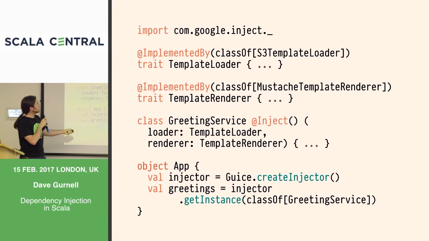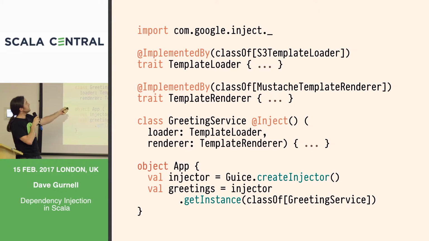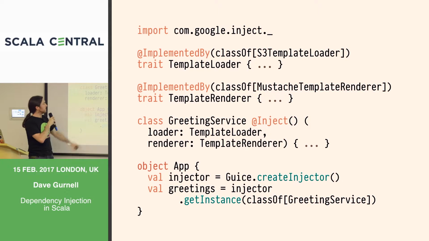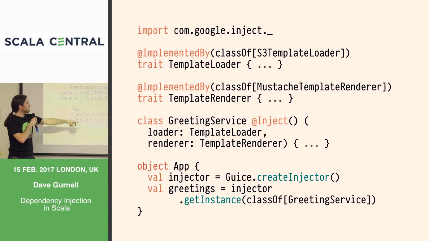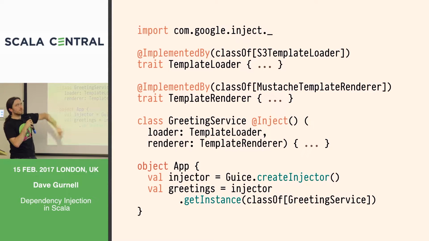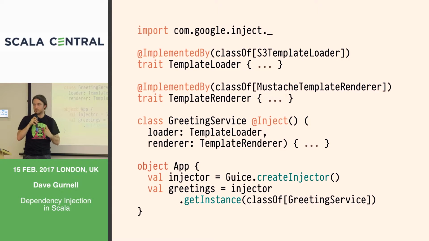We can give it hints, like an annotation to say here's a nice constructor you can call, and here's an annotation to say, when somebody asks for a template loader, give them the S3 version, and so on. But all these annotations are doing is substituting for code that we would write in the dependencies. Then we create our injector and ask it for something of a particular type. So give me a greeting service, and it will traverse our dependency graph, those blue boxes we saw earlier, and assemble a greeting service for us.